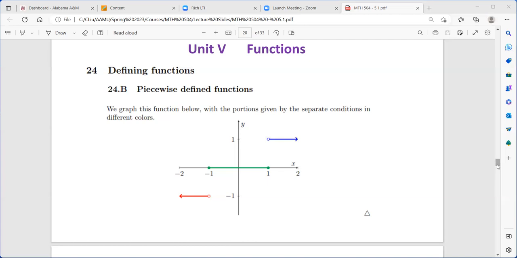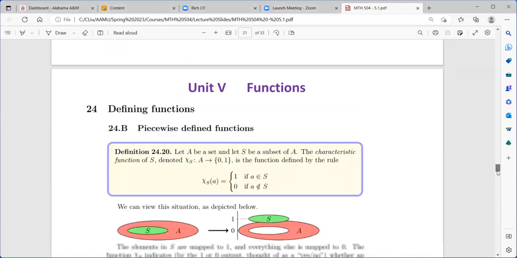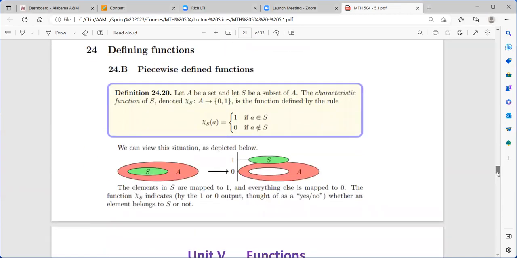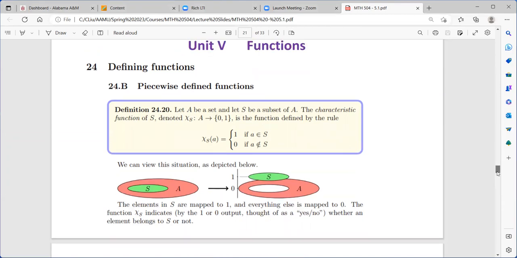And that will give you different formulas for each part of the domain. Okay, there is an important idea or term concerning piecewise defined functions, and that's the characteristic function of a set.